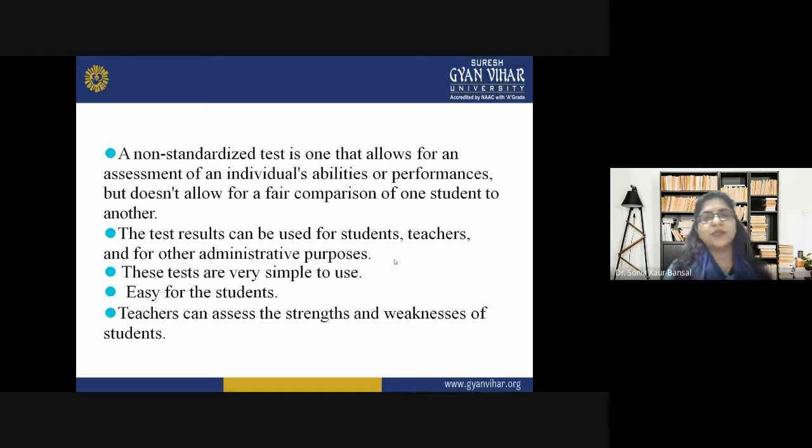Let me explain how this works for administrative purposes. If the teacher is teaching one particular subject and there are 50-60 students in the classroom, and the administration has appointed a particular teacher to teach that subject, and the students are taking interest in whatever the teacher is teaching and testing, evaluating them throughout the session.